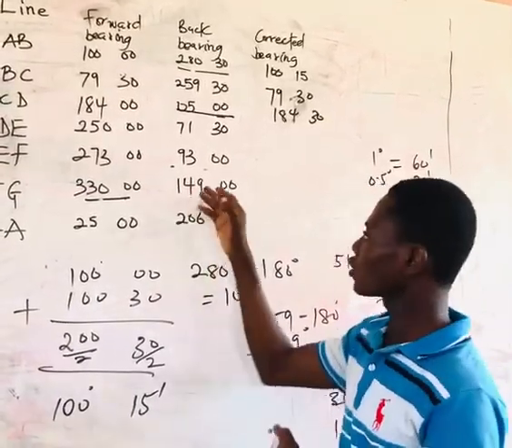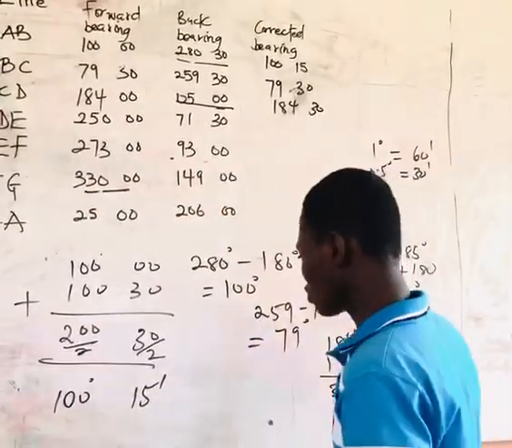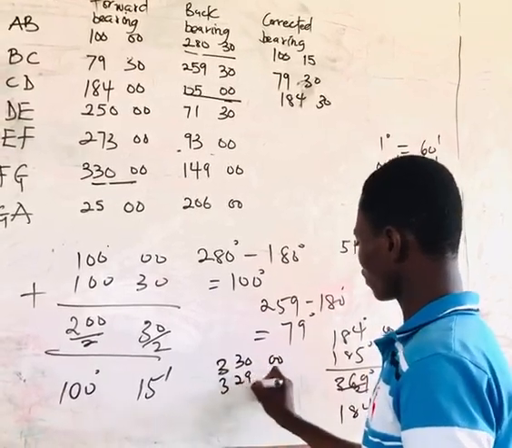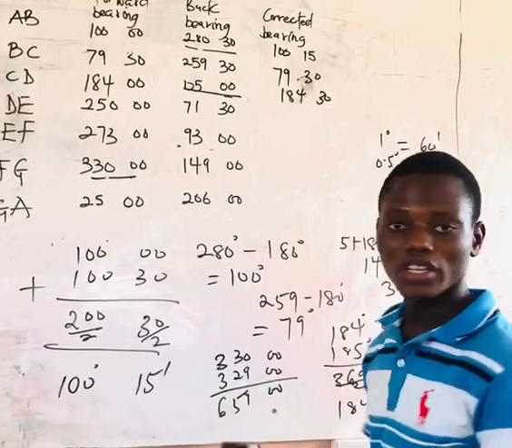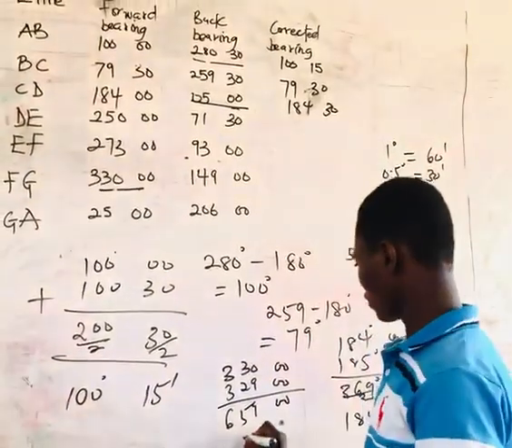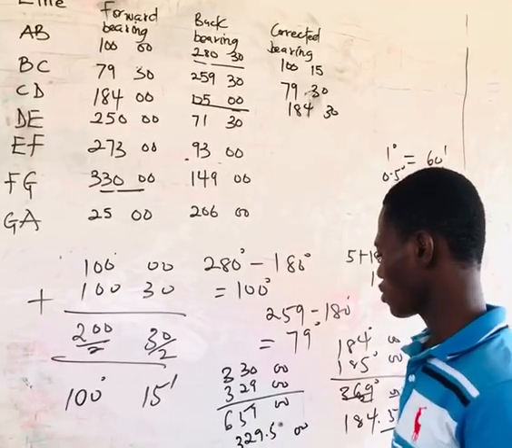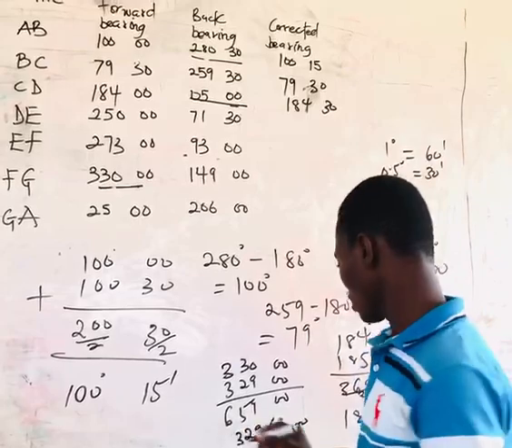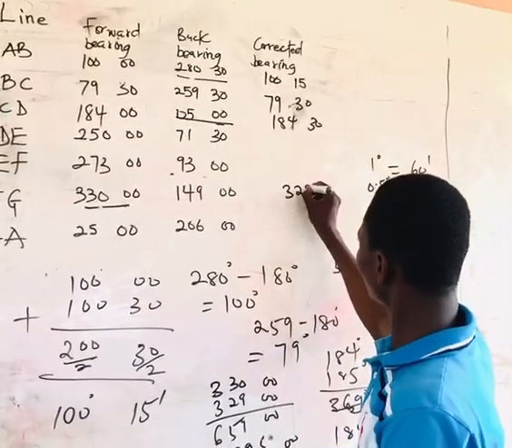So we have 329 degrees 0 minutes and 330 degrees 0 minutes. You add the two, just as we were doing for the previous ones. 330 plus 329 gives 659. Then divide by 2, and you're going to get 329.5 degrees. So 0.5 becomes 30 minutes because you don't want decimals. Your final corrected bearing becomes 329 degrees 30 minutes.